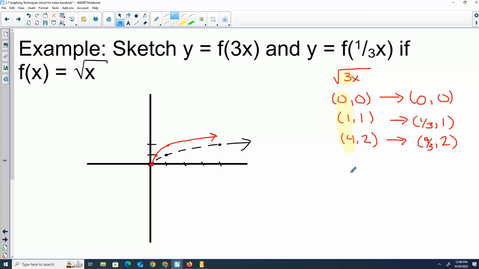The general shape doesn't change when you do the transformation. It's just those points that are altered.